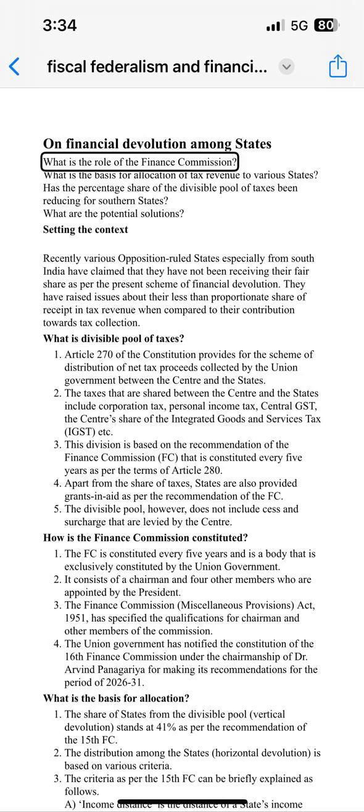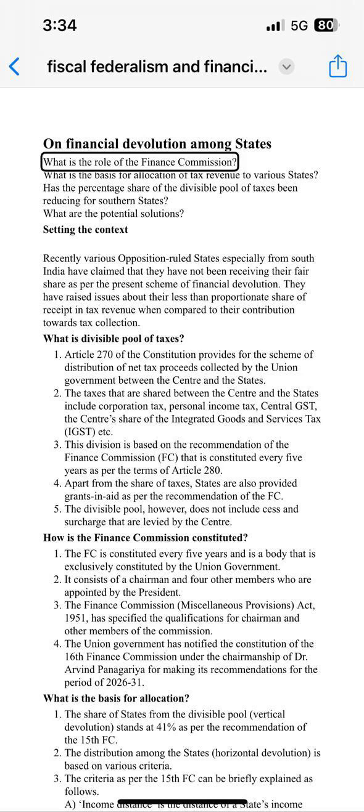Second, the horizontal devolution of the taxes among the states by the center is more partial, because the center allocated resources to 28 states, right?